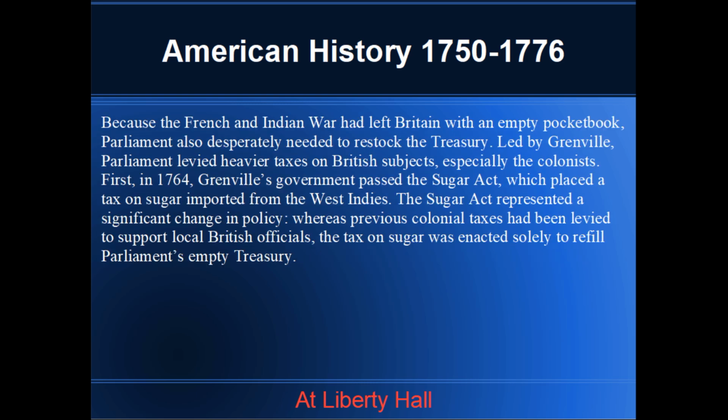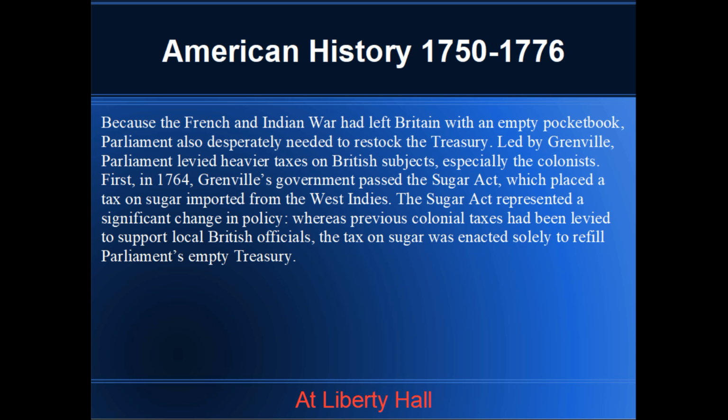Because the French and Indian War had left Britain with an empty pocketbook, Parliament also desperately needed to restock the treasury. Led by Grenville, Parliament levied heavier taxes on British subjects, especially the colonists. First, in 1764, Grenville's government passed the Sugar Act, which placed a tax on sugar imported from the West Indies.